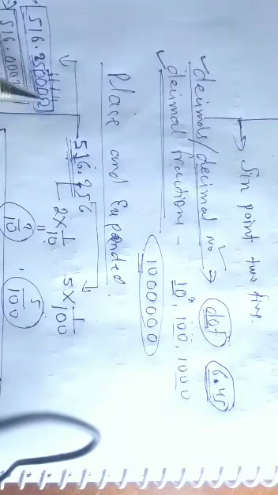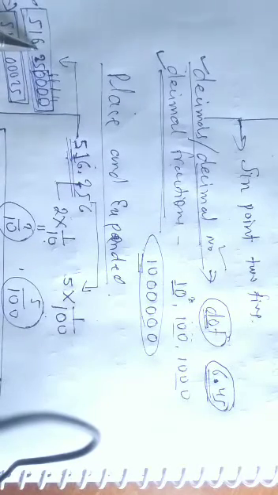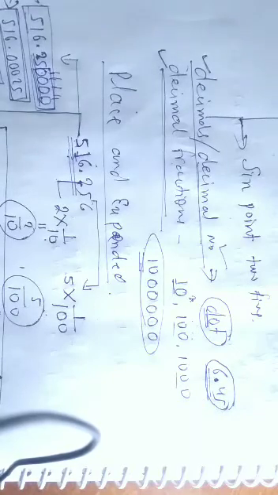So we can place 0 0 0 after the decimal in the right side. Suppose this is 52.6, we can write 52.60, 52.600, 52.6000. So we can place 0 in the decimal part of any decimal number as we need according to our requirement.